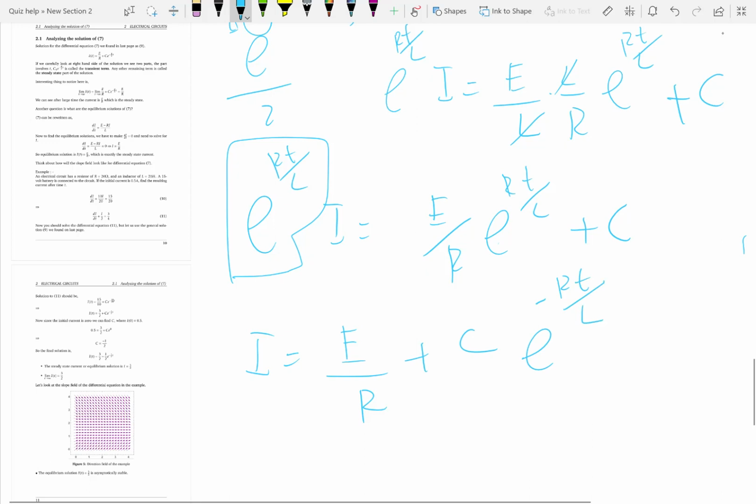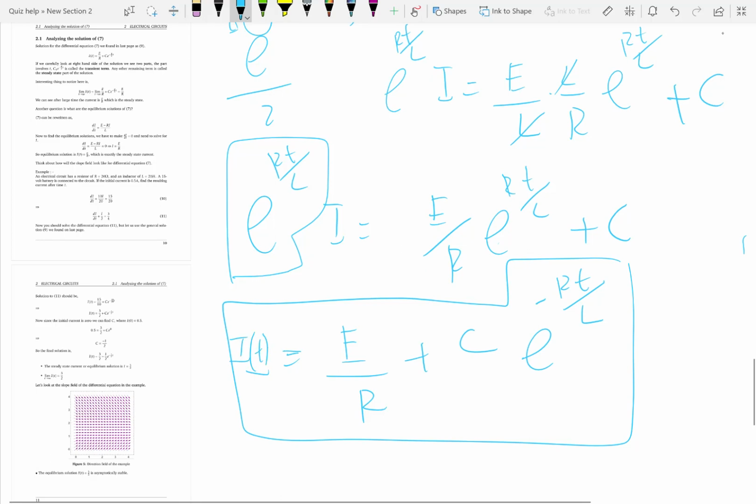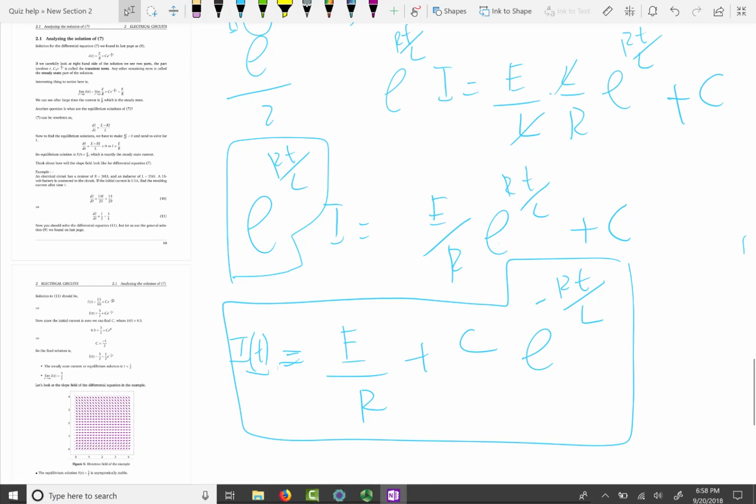So this is the solution for the differential equation. Current at time t is given by this formula, and you should not memorize it. You should be able to derive it using the integrating factor method. Okay, so let's analyze this differential equation and solution in the next video. Okay, thank you.